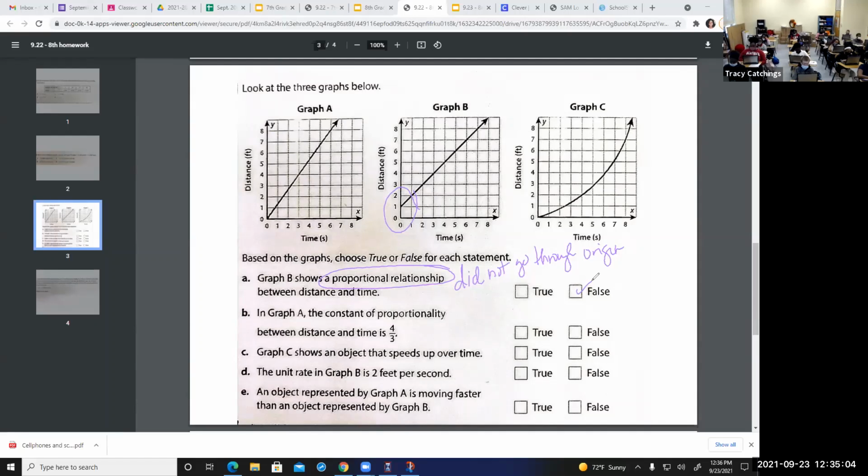All right, B said in graph A, the constant of proportionality between distance and time is 4/3. Graph A, how can we find that constant? What do you divide? 8 by 6.